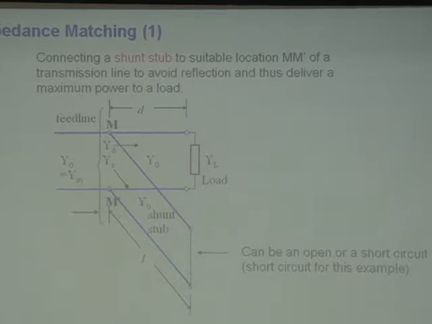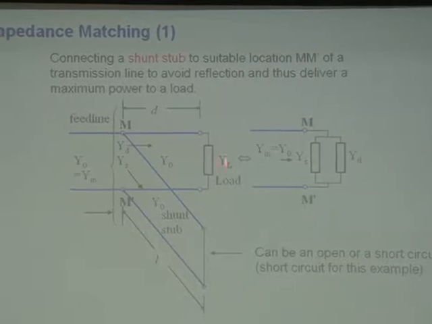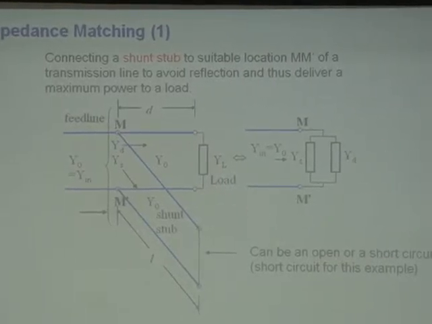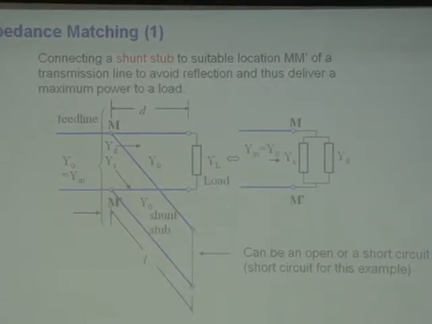Its simplified circuit diagram is this circuit diagram, very simple and easy. You have a parallel impedance right here, or parallel admittance. So the total admittance now is equal to ys plus yd.